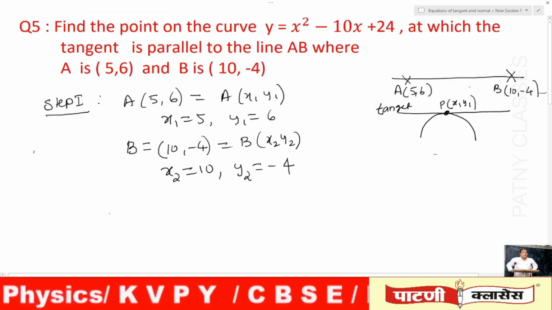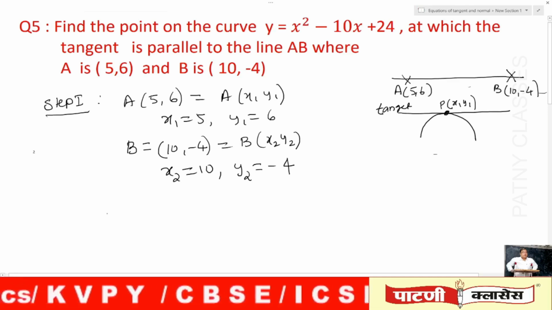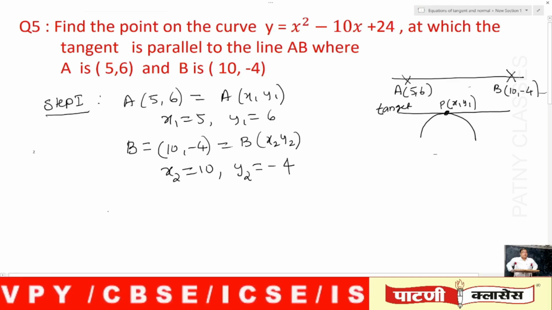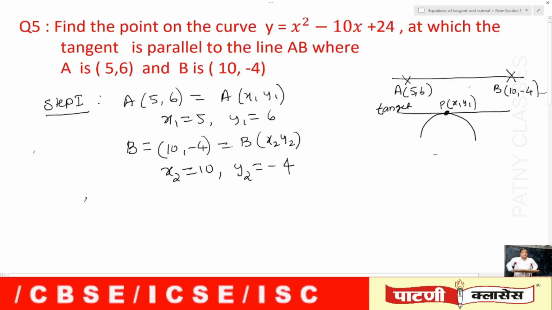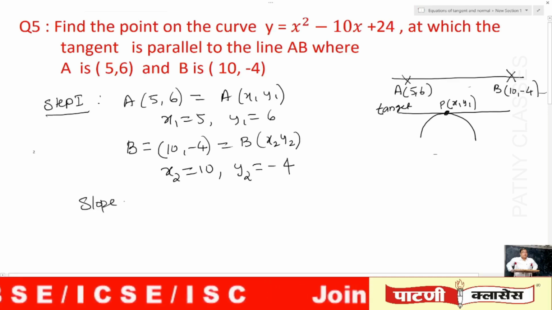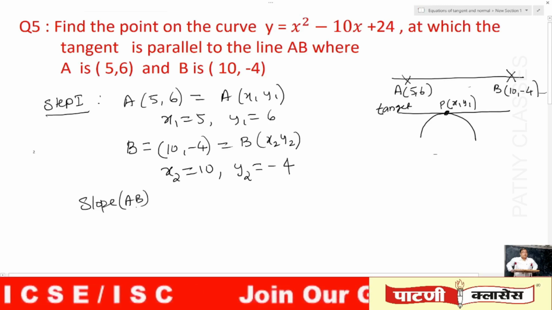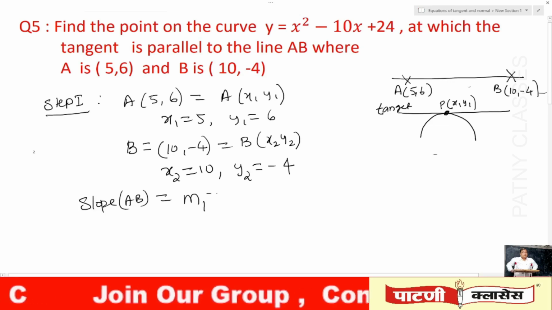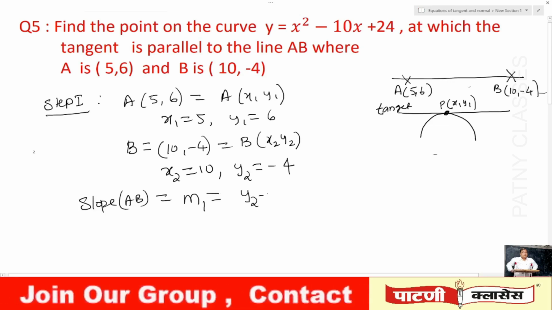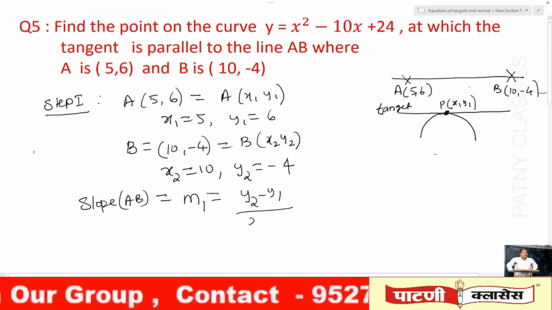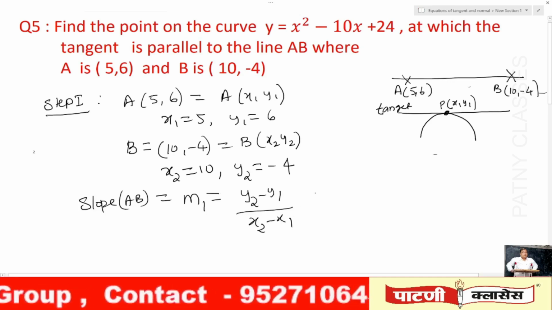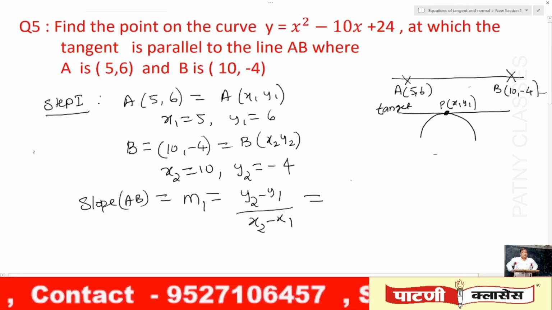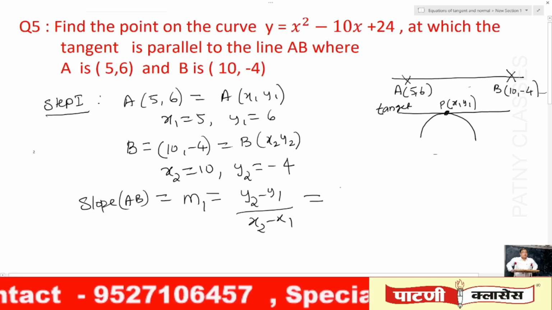So we must find the slope of AB. Let us call the slope of AB m1, with the formula y2 minus y1 upon x2 minus x1, difference of y upon difference of x.